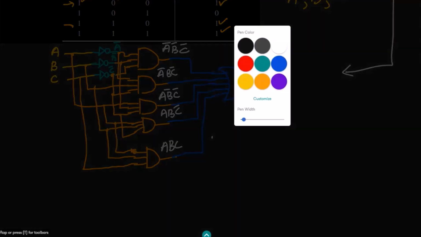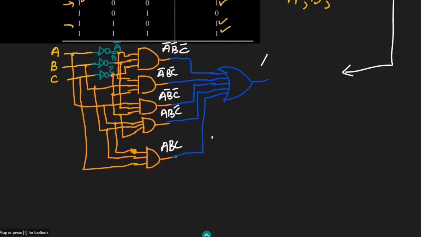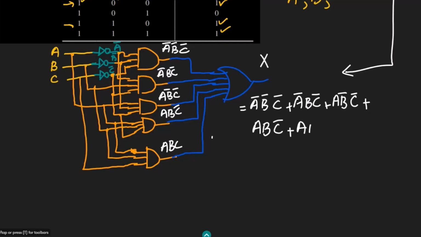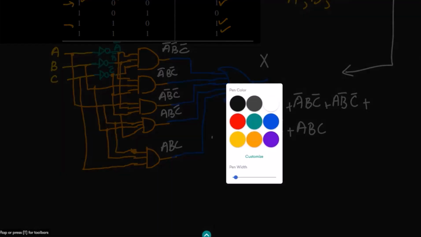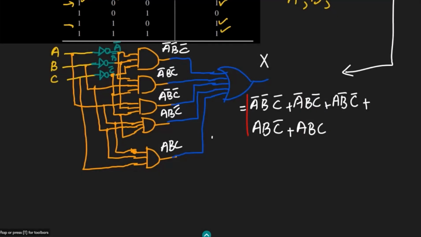And this is the output which I wanted to find out, and this is the same output which I had here, and here it is A complement, B complement, C complement plus A complement, B, C complement plus A, B complement, C complement. Let me write others here. So A, B, C complement plus ABC. So this is X, and this is the required expression which I had to find out, and this is the solution of the question which I had here.